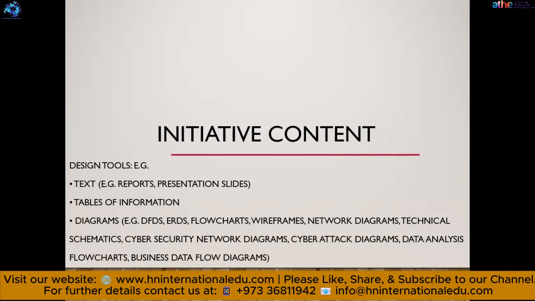After that, we may use diagrams for different problems and to show the working functions of any project. We have a number of diagrams when we are talking about computer projects.